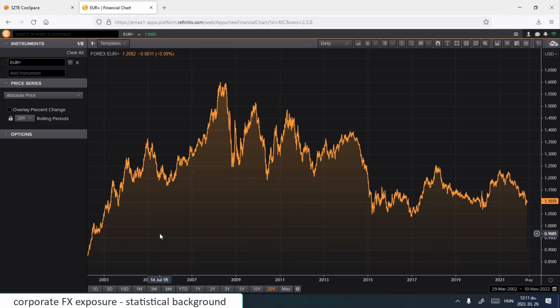So if you look here on the financial chart on Reuters or now the Econ database, we can see what is happening between the euro and the US dollar during the last 20 years. Usually I say that the euro US dollar exchange rate behaves like a sine curve.